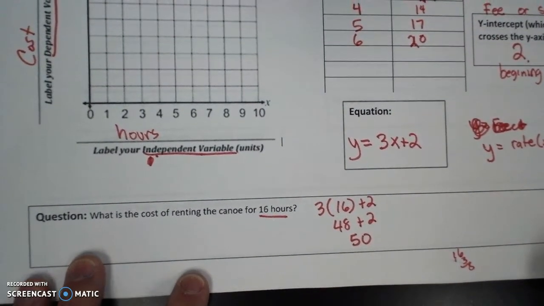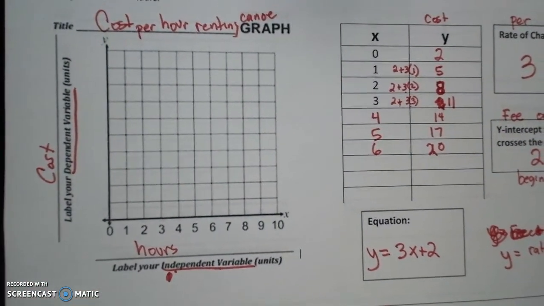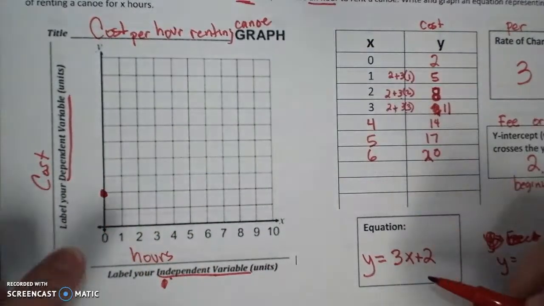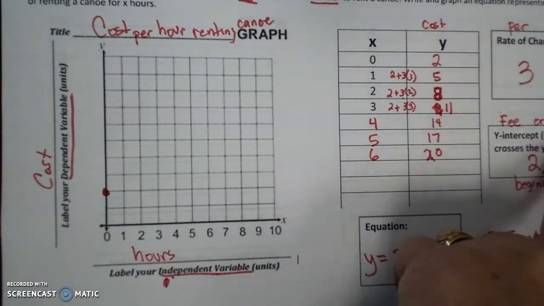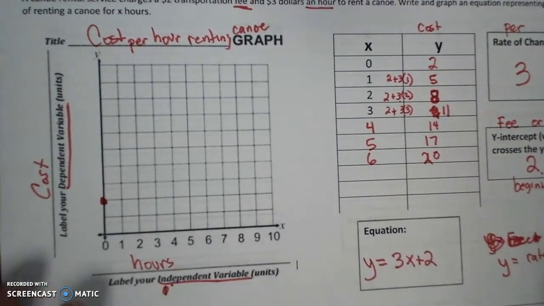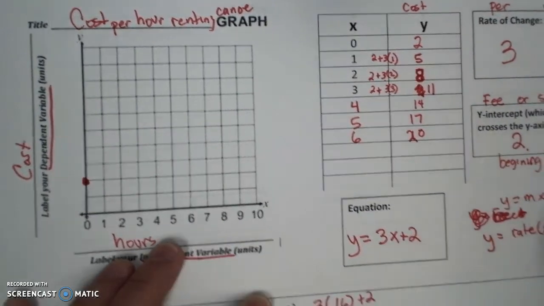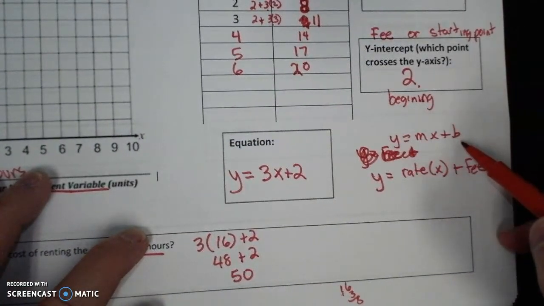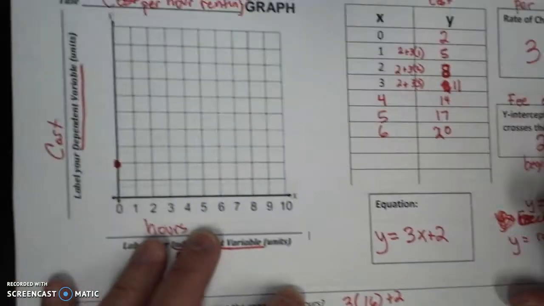Okay, then I can go graph, and when I graph, I start at 0, 2. Notice that's the y-intercept, my starting point, my beginning, because remember this is y equals mx plus b, where m is your slope and b is your beginning. Also, m's are rates and b's are fees.